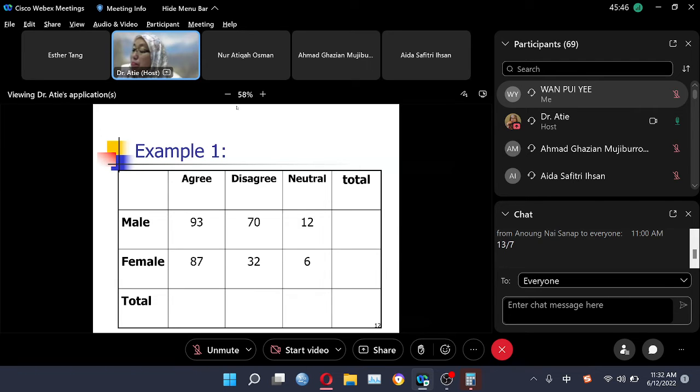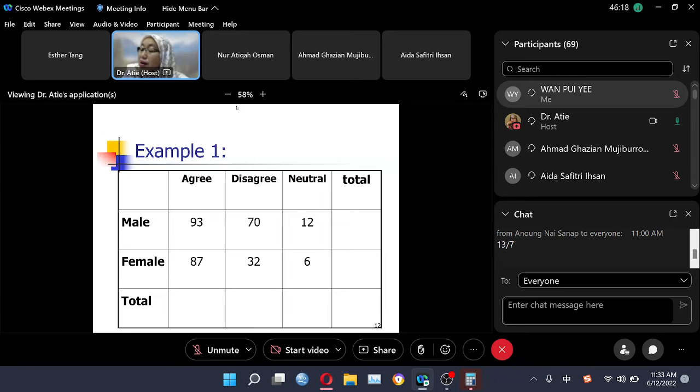So this is the data that they have collected. All the numbers that you see, 93, 87, 70, 32, 12, 6, are the data that we get from the survey. These are called observed values, O. Does the sample provide sufficient evidence to conclude that the two attributes, gender and opinions of parents, are dependent?